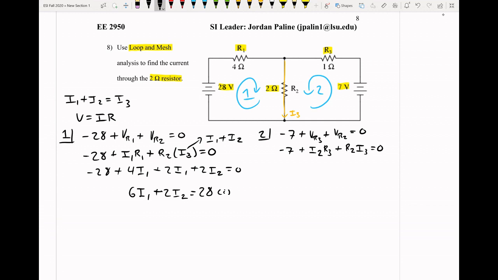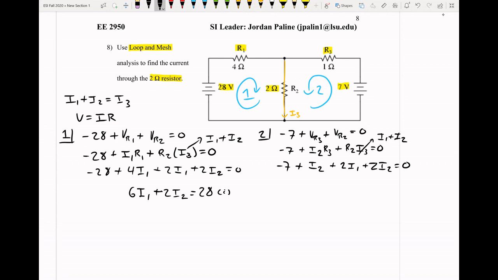You remember we said I3 is I1 plus I2. Keep simplifying down. So R3 was 1, so just I2, and then R2 was 2, so we'll have 2I1 plus 2I2 is equal to 0.